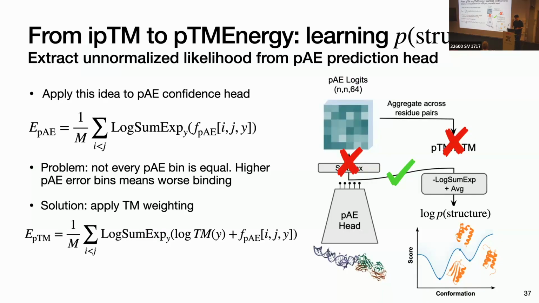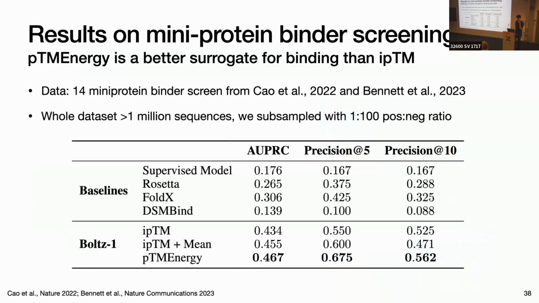Then you get your energy score, which we will show later is much smoother than the ipTM score. But first, we wanted to see if this score is actually a good binding indicator. So we tried to benchmark it across 14 mini protein binder screens from 2 papers of prior work on binder design.